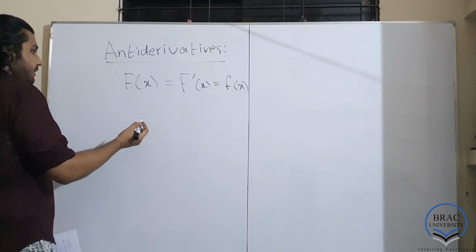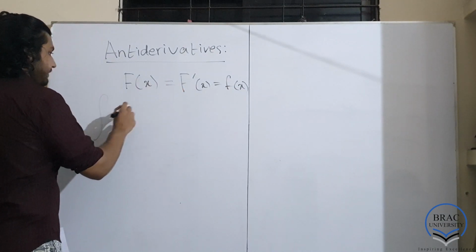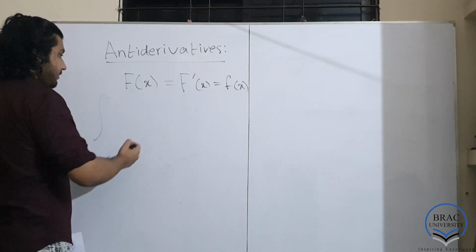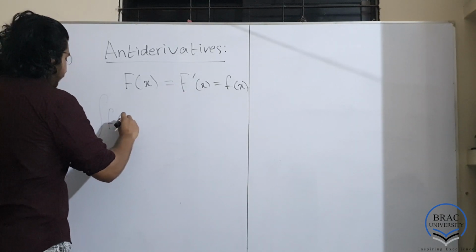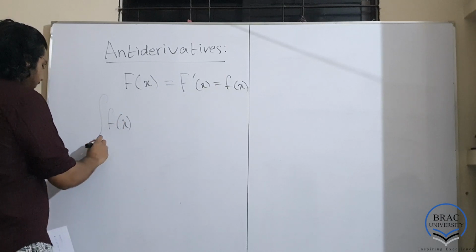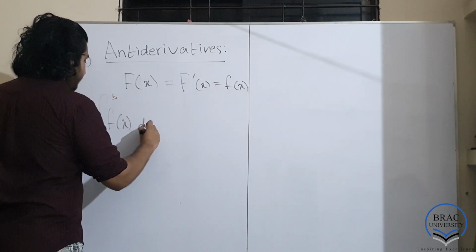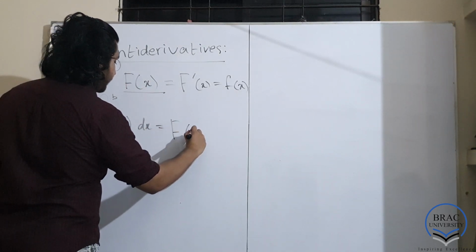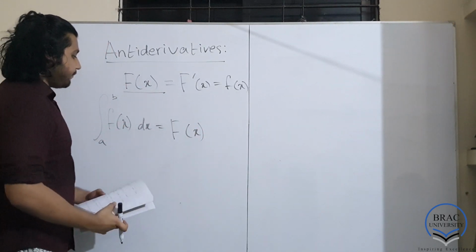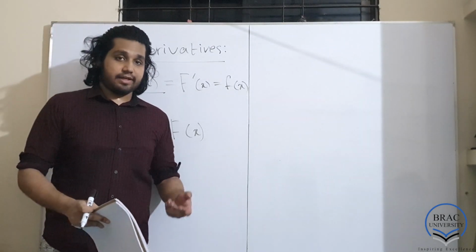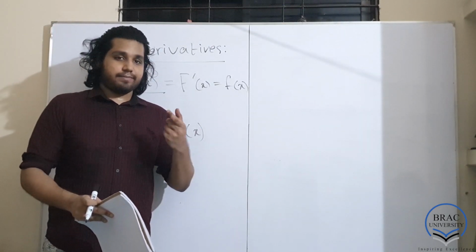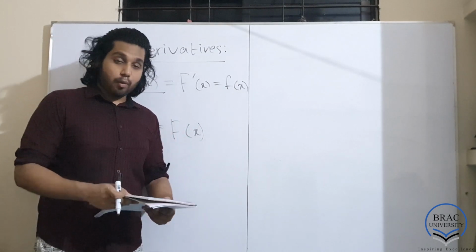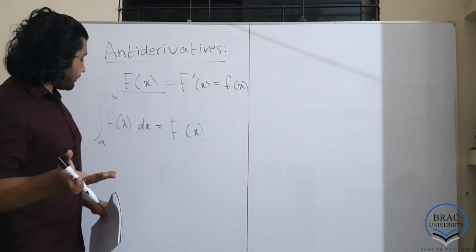And if you integrate that small f of x over an interval a, b with respect to x, you would simply get the original function that you had first taken a derivative of. Basically, the rule of antiderivatives tells you that integration is the opposite of differentiation and differentiation is the opposite of integration. Okay? I won't be going into the proofs for that, but I'm just going to state it.